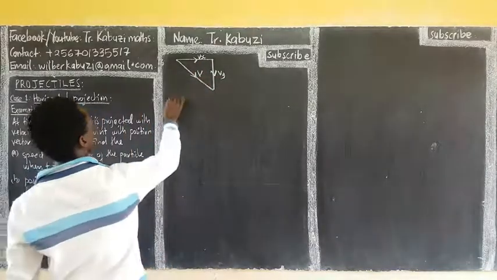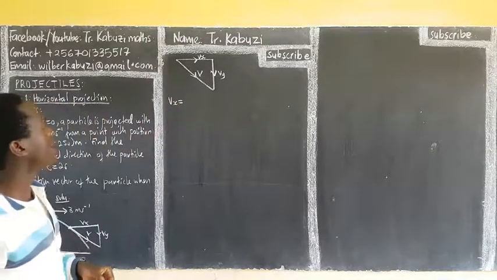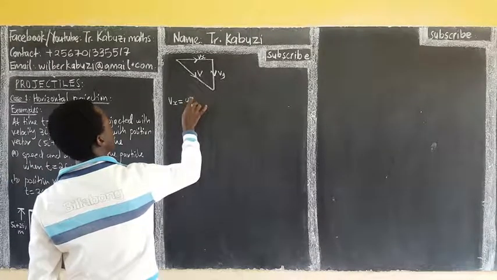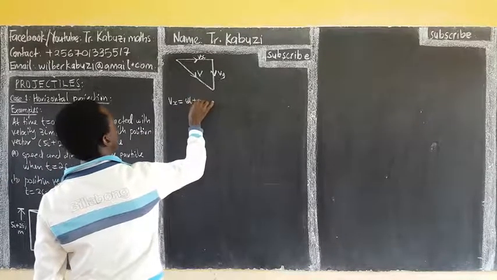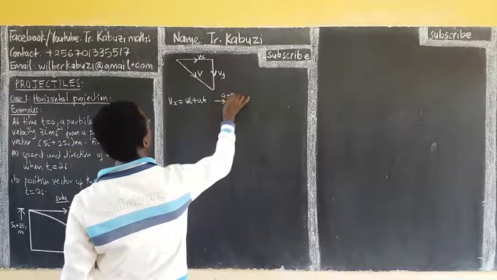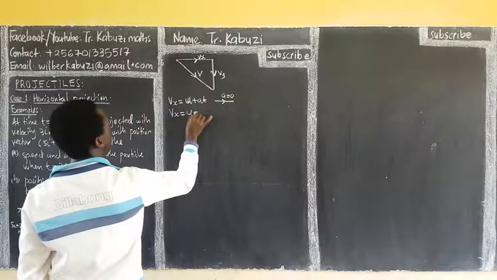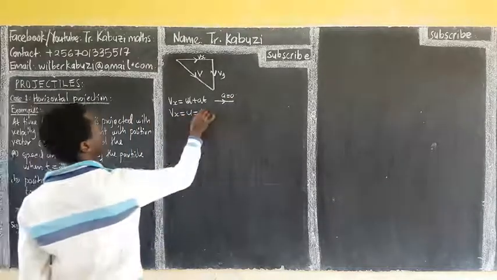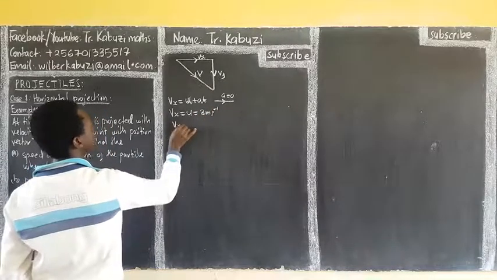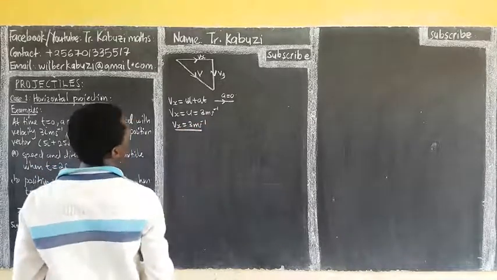So in our vx, whenever I see vx, it means that we are studying velocity in our horizontal motion. So we have v equals u plus at. As we said in the horizontal motion, our acceleration is 0. So meaning our vx is going to be equal to u, which is 3 meters per second. So our vx is that.